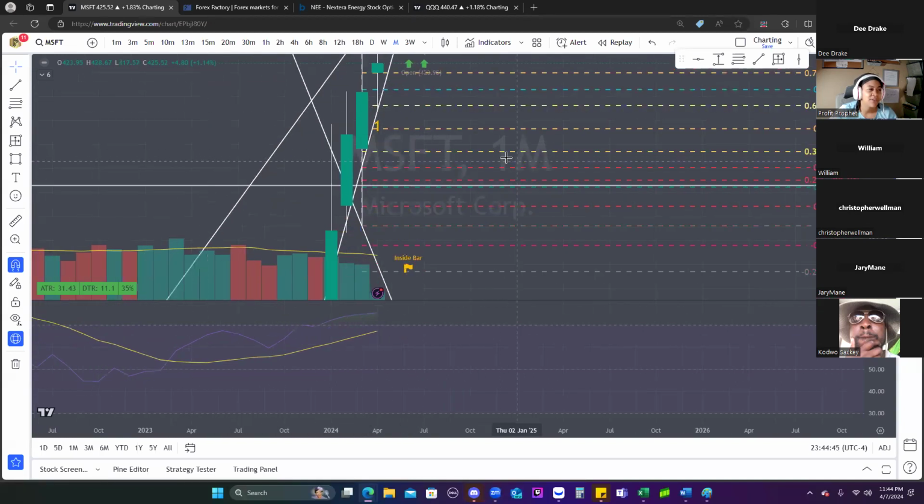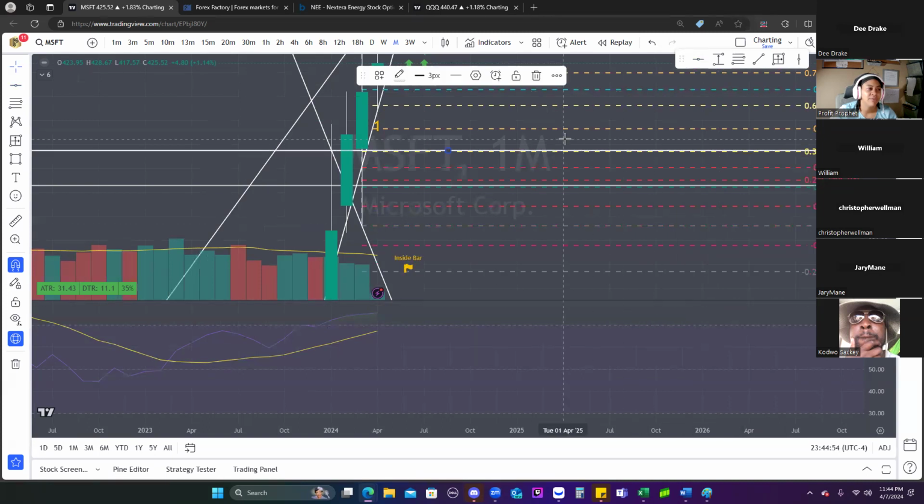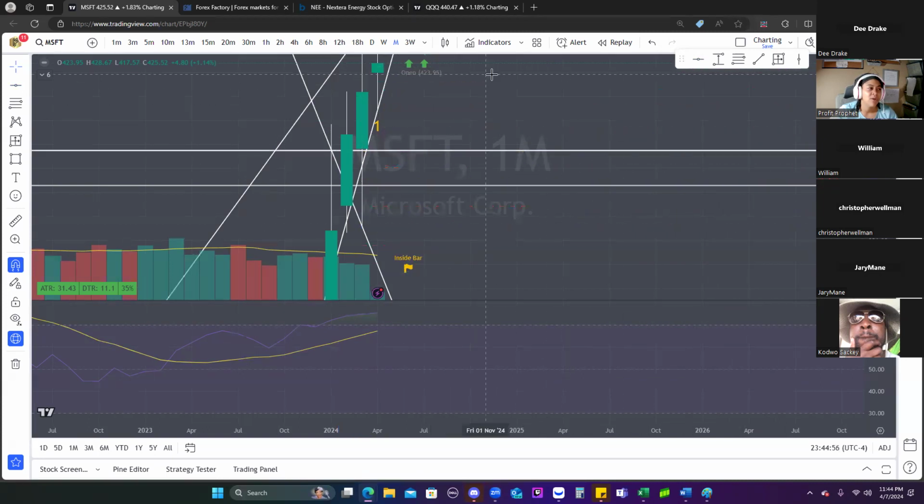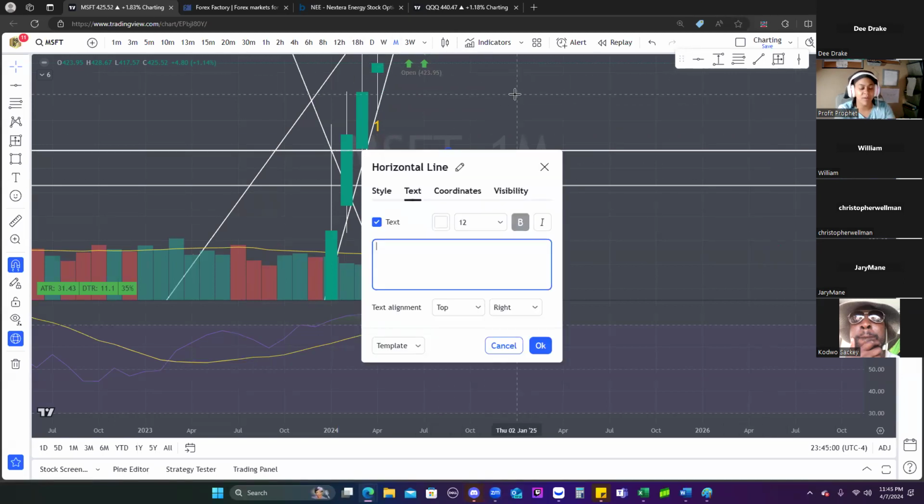Fibs like hot sauce on everything. So just something to make a mental note of. This monthly open is kind of a fib level. It's like a shady fib on the monthly.